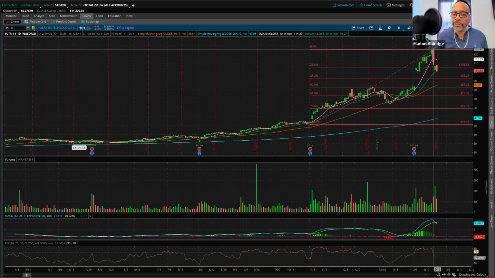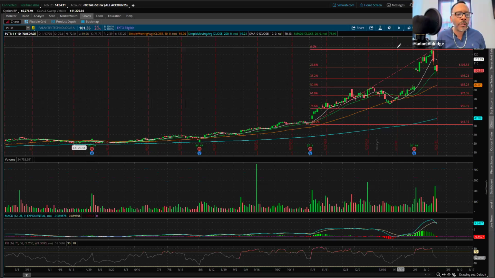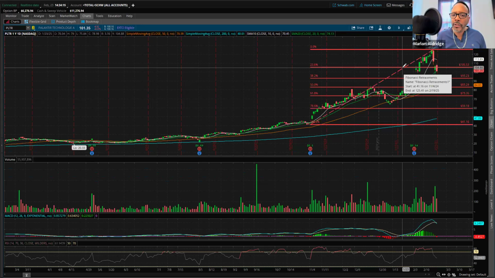Notice how the colors change to red, and these are my Fibonacci retracements. In other words, clearly you can see I was in an uptrend. So at the top where the high is, that's going to be the 0 level. The next one down is going to be 23.6.